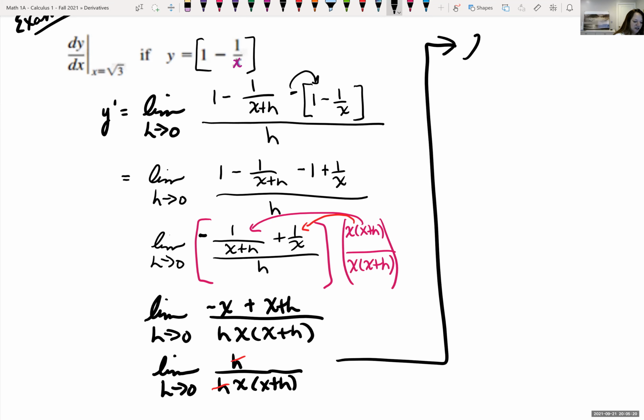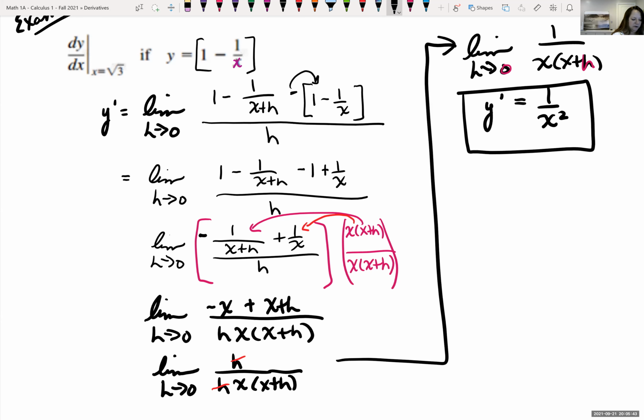And so now when we do direct substitution, we're not going to get that indeterminate form anymore. We'll get 1 over x times x, which is 1 over x squared. This was our derivative function, what we just found.